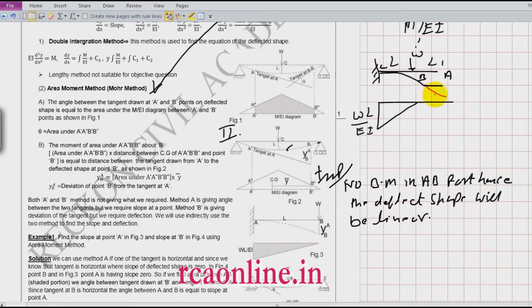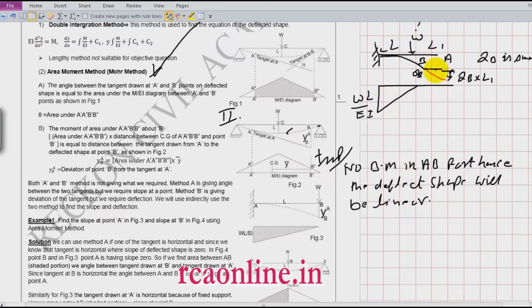Theta will be constant. And if I know theta B, I can say that this value will be theta B into L1 if theta B is small. Is it okay? And this value is y.